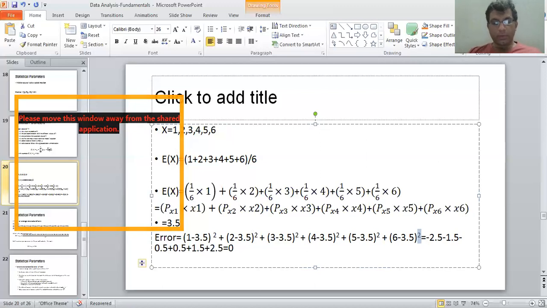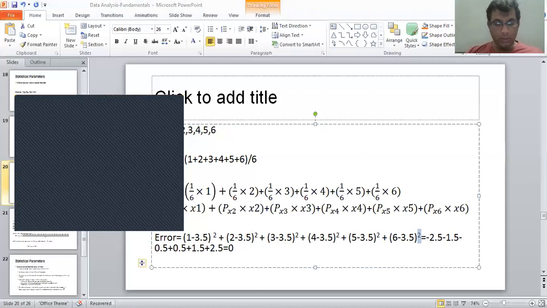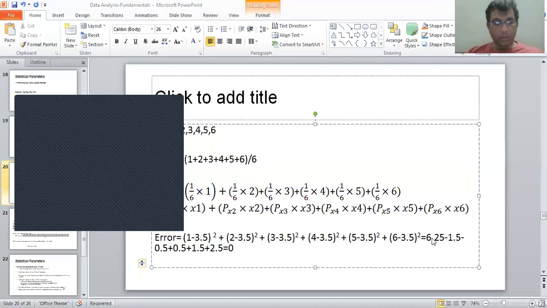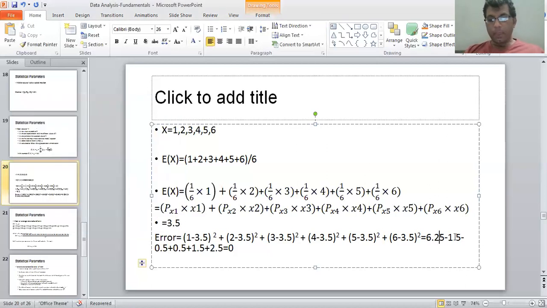Since we are taking the square of the things, definitely this would not be the result now. Rather, minus 2.5 square would give me 2.5 multiplied by 2.5, and this is 6.25. It's a pure positive value. So 6.25, and likewise 1.5 square gives me a result which is 2.25, and there will be a plus sign now.